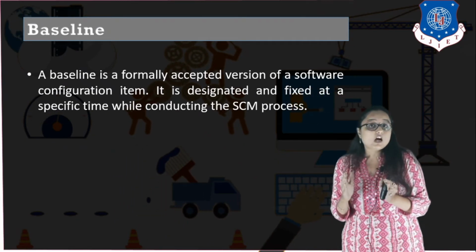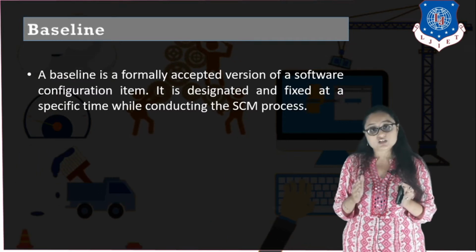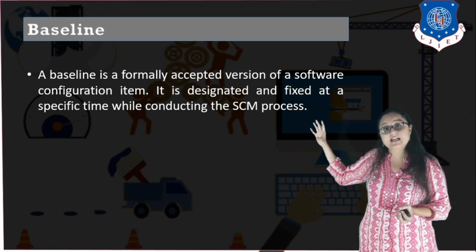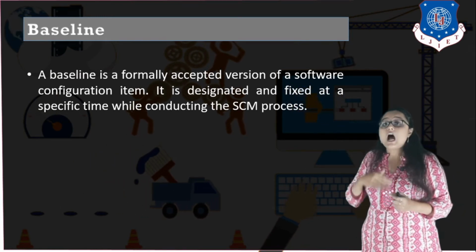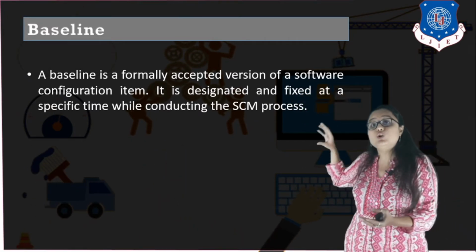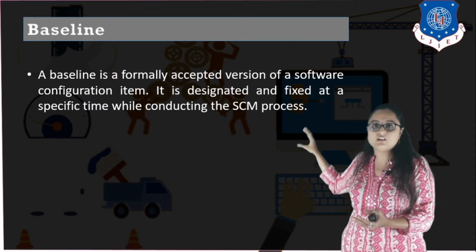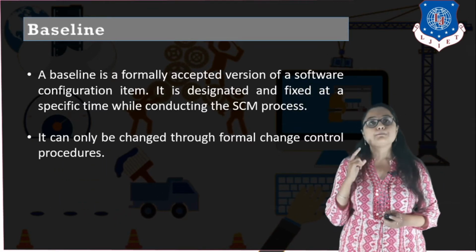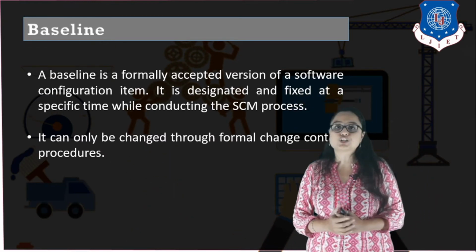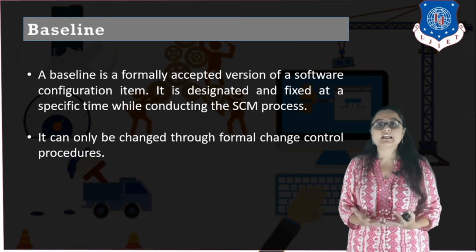It means now for our software version that database design is fixed. Now when I commit this database design as a baseline design, after this baseline, if I want to apply any change in this configuration item, I have to apply a proper change control procedure, that is known as a formal change control procedure. Right, you cannot directly change the baseline configuration item.